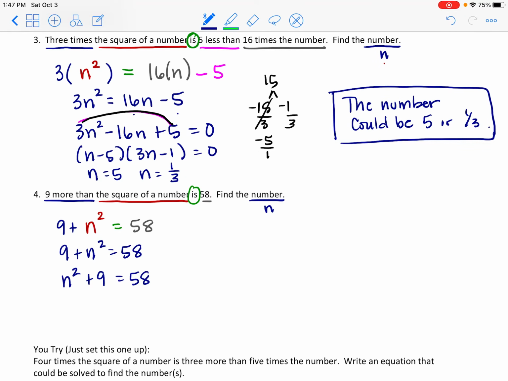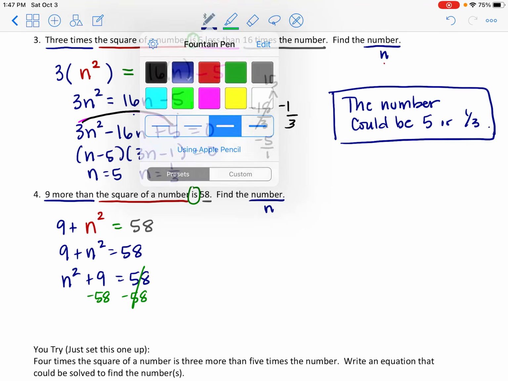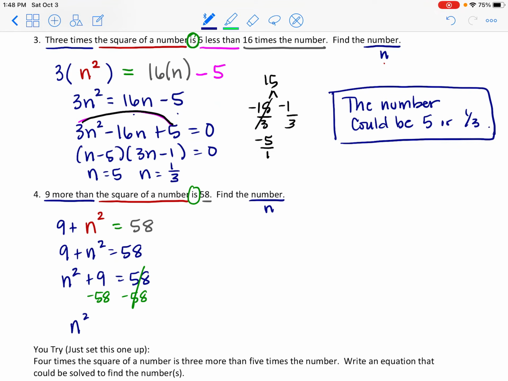And we want it equal to 0. So we're going to subtract the 58 over. Make sure we're subtracting it from its like term. That gives me n squared minus 49 equal to 0. And hopefully you're seeing that's a difference of squares. n squared minus 7 squared, right?